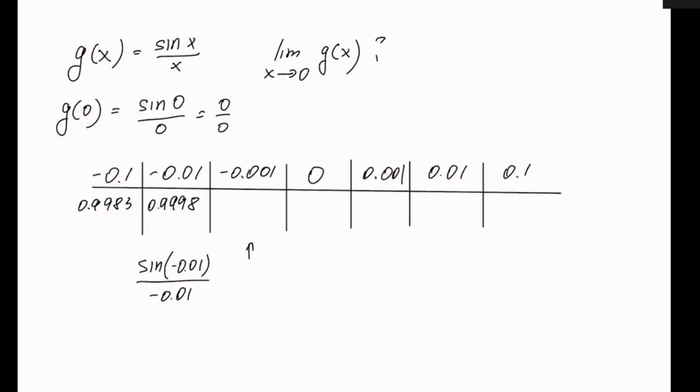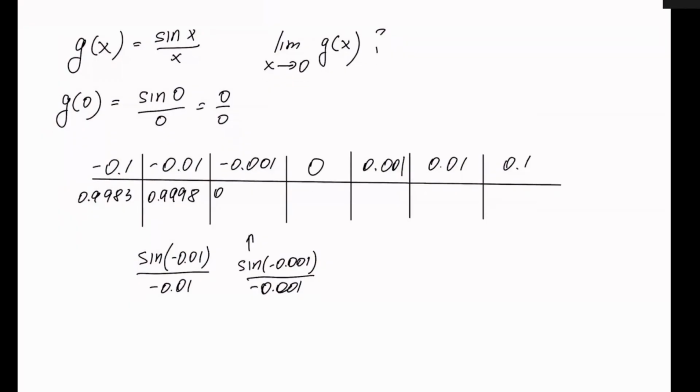Now we're moving closer to 0, so it's sine of negative 0.001 over negative 0.001. If we plug it into a calculator, we get 0.999998. Yes, so it's going to be this value.